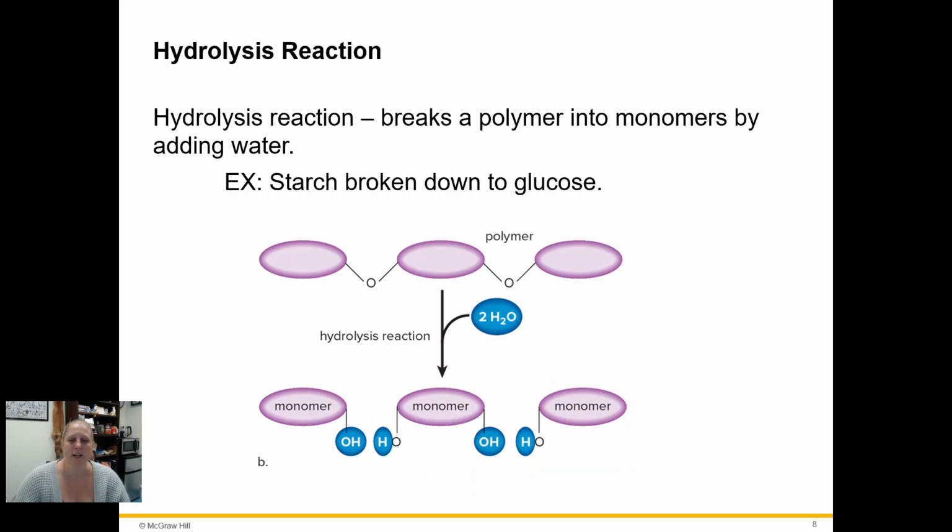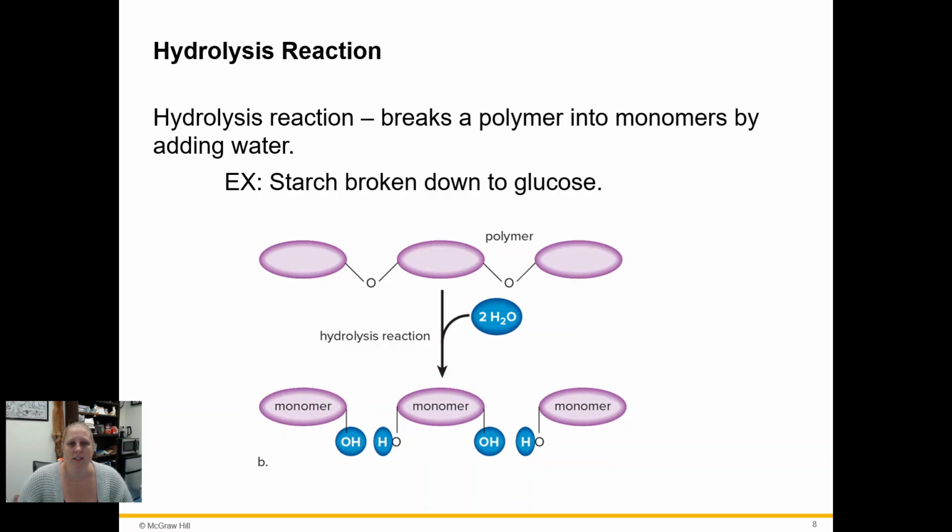So when your body has water in it, as you need, and you eat something, your body will utilize that water to reverse the process of building a polymer. You take that polymer and break it down into its monomers by adding the water, which adds an OH group to one monomer and a hydrogen to the oxygen that needs to have its octet rule fulfilled. And now you end up with those individual monomers.